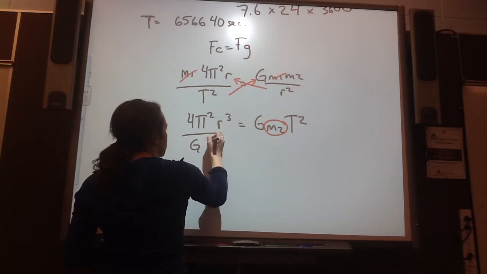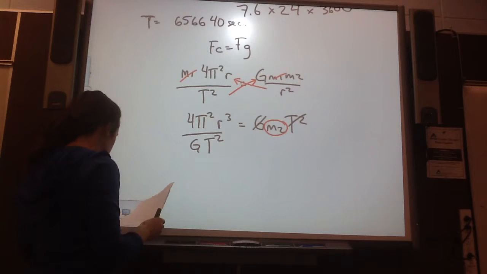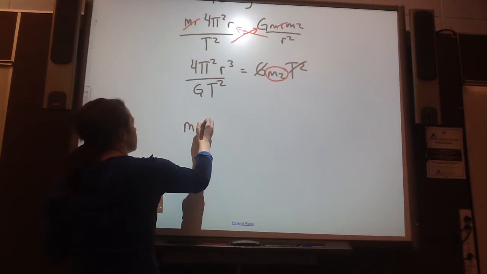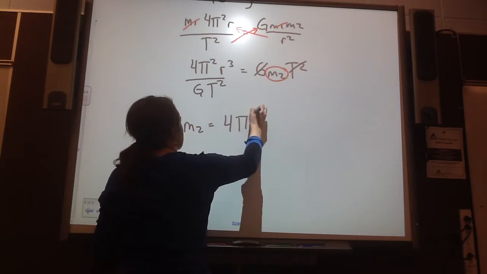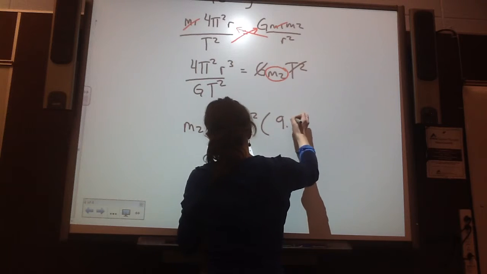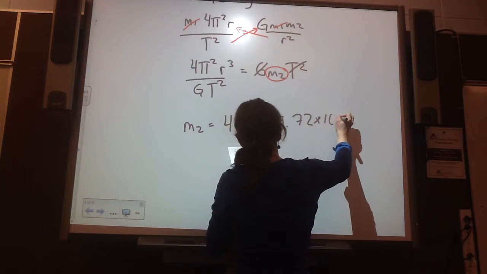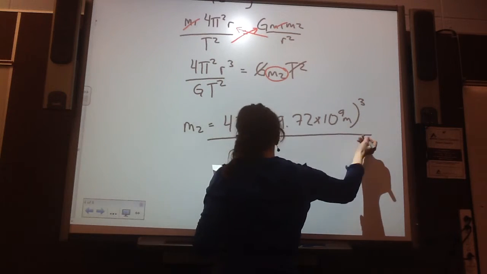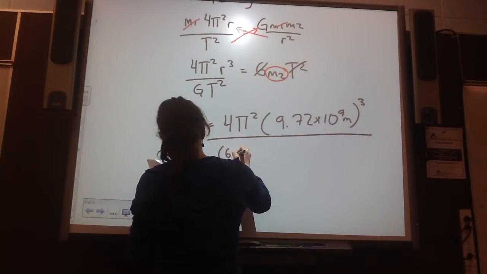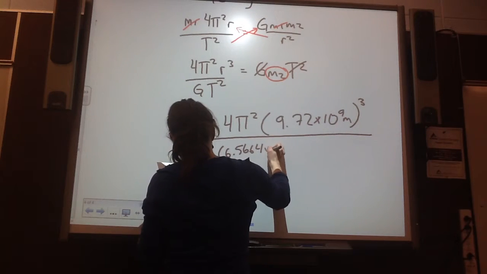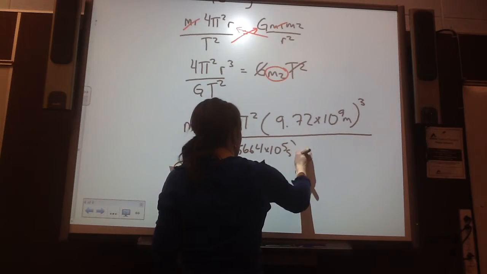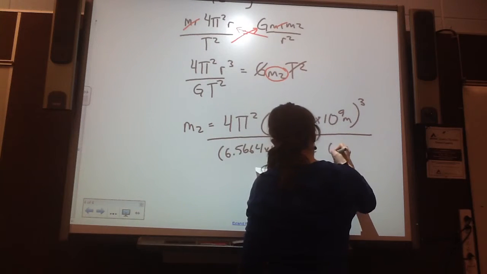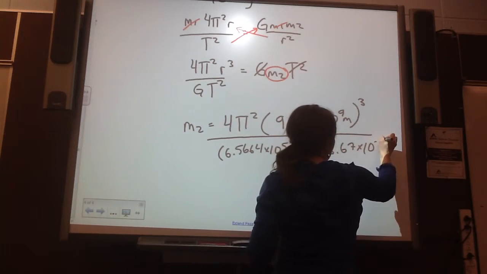So solve for M2. We'll divide by G and T squared. So M2 then is 4 pi squared times 9.72 times 10 to the 9 meters, all cubed, all divided by 6.5664 times 10 to the 5 seconds, which is squared, times 6.67 times 10 to the negative 11.